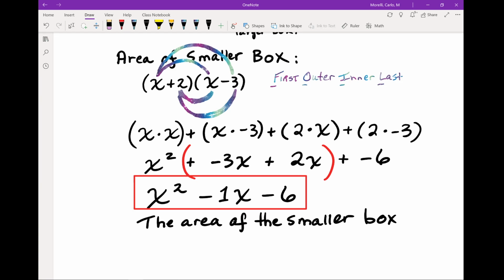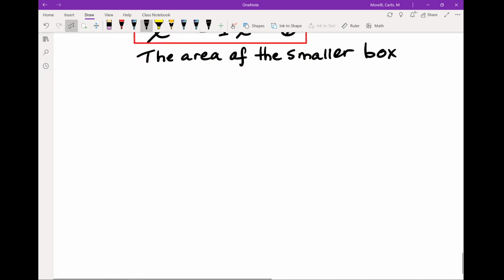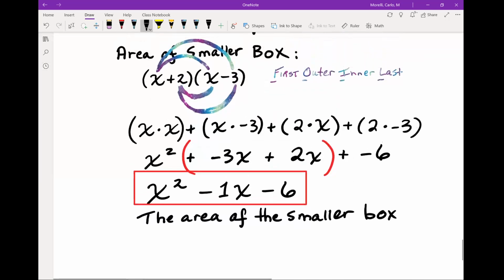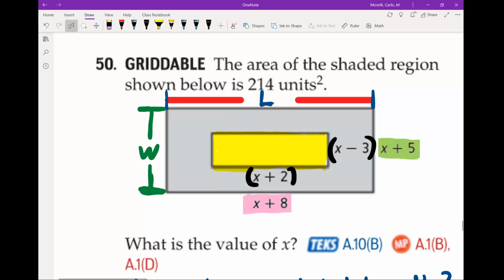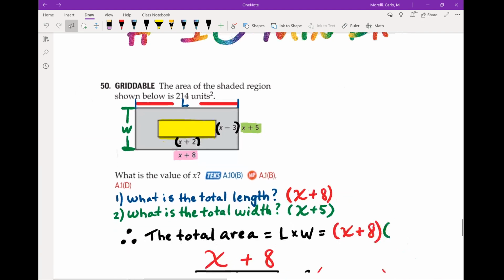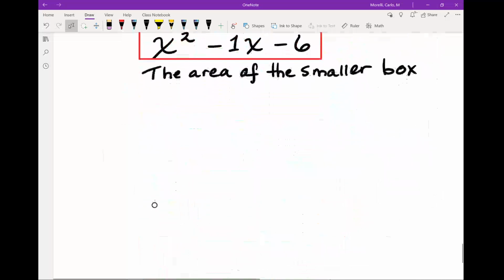And now we need to subtract the smaller area from the larger area. Now let's go look at the picture so we understand. To find the area of the shaded region, we need to subtract the area of the smaller box from the area of the larger box, the total area. So that's x squared plus 13x plus 40.